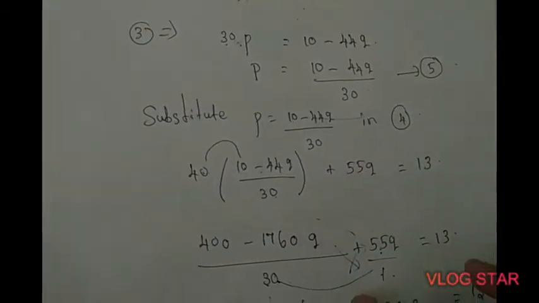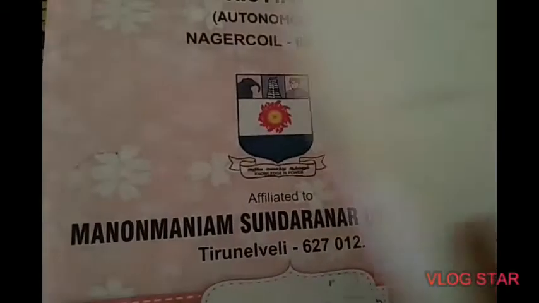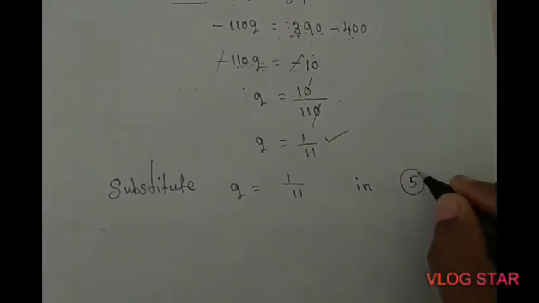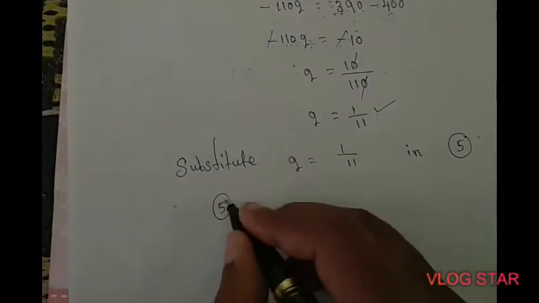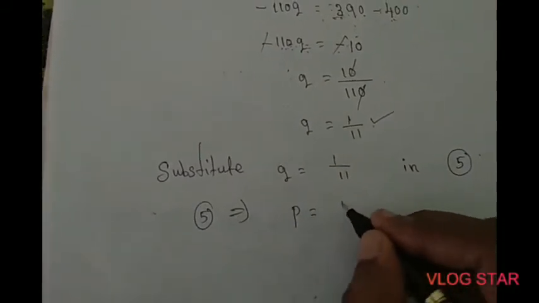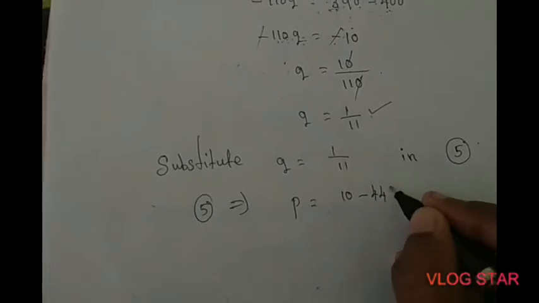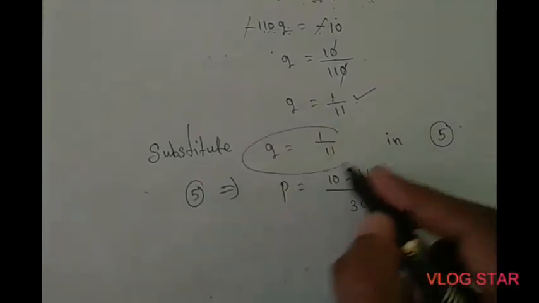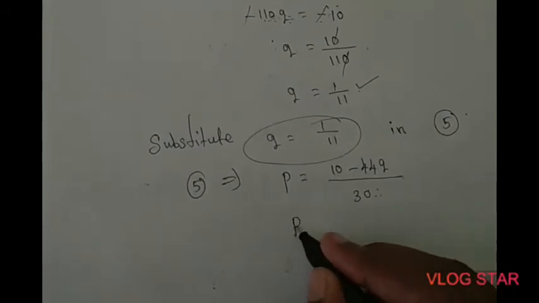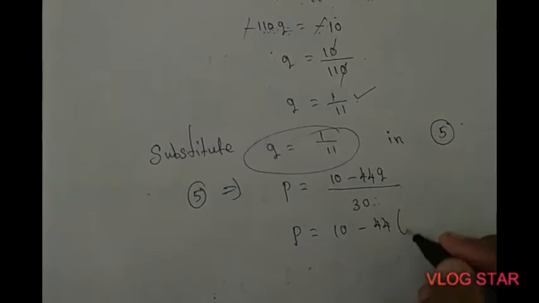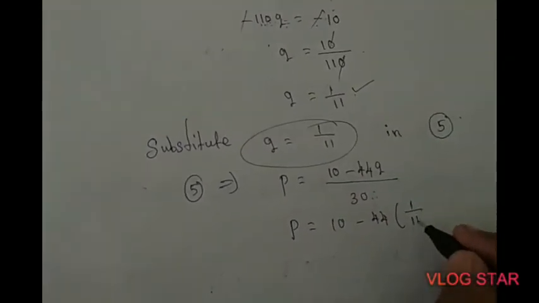Okay, the fifth equation is p equal to 10 minus 44q divided by 30. Then apply the q value in this condition. P equal to 10 minus 44 into q value 1 by 11 divided by 30.